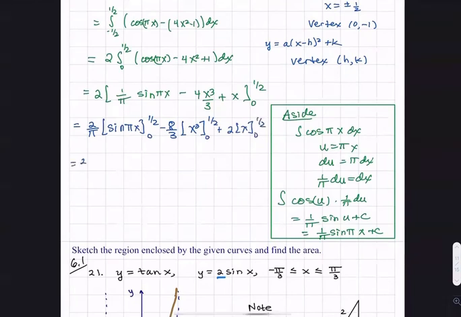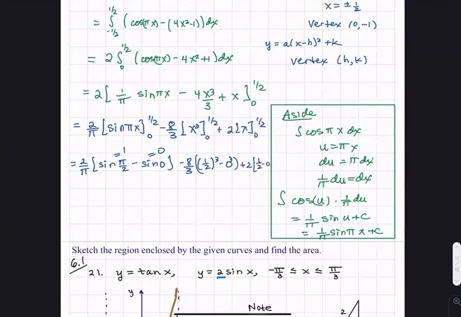So this is going to be 2 over pi times sine of pi times 1/2, which is sine of pi over 2, minus sine of 0. Sine of pi over 2 is 1, sine of 0 is 0. Minus 8/3 times 1/2 cubed minus 0 cubed, plus 2 times 1/2 minus 0.